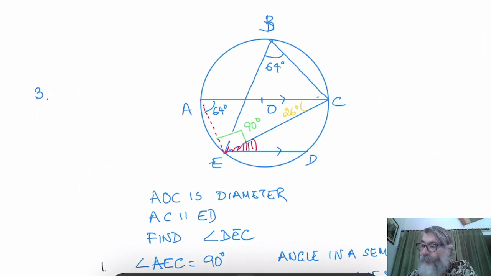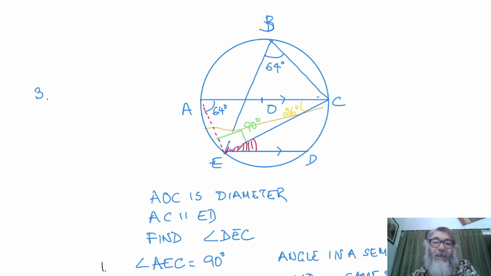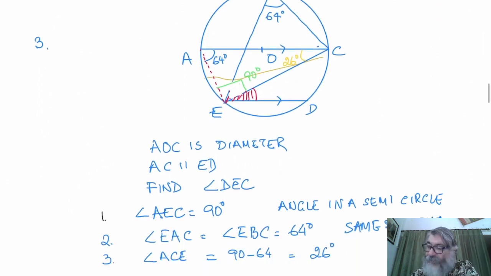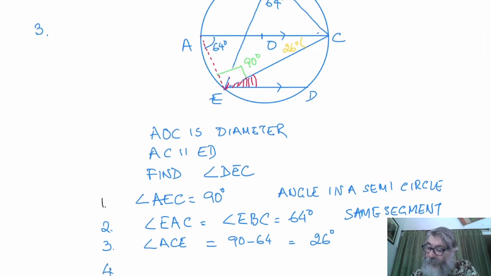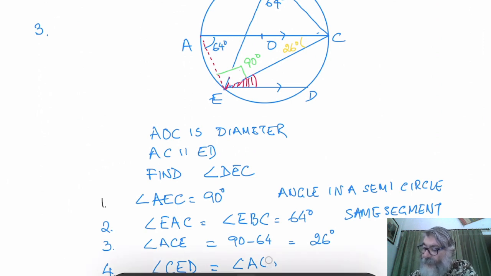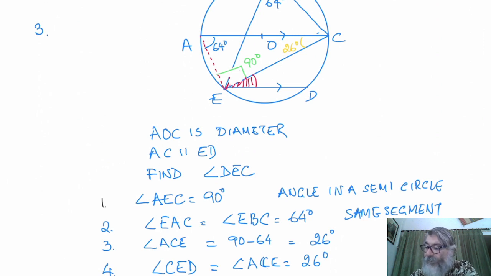Now if this comes out to be 26 degrees, I can easily calculate CED. Angle CED will be equal to angle ACE, which will be 26 degrees. Why?